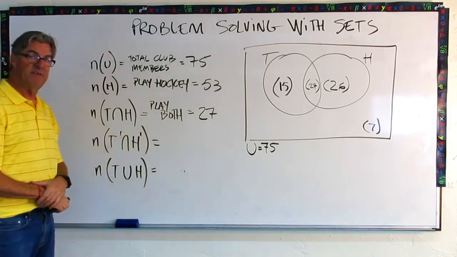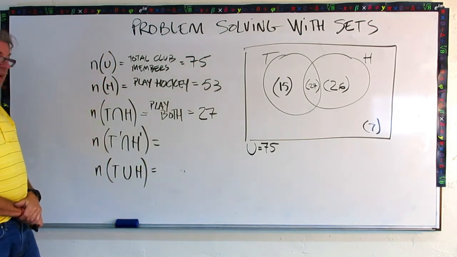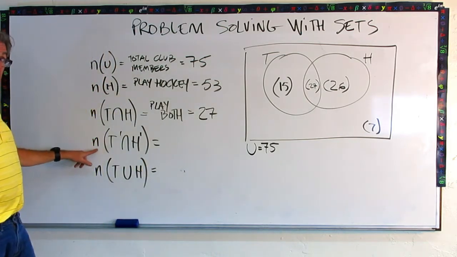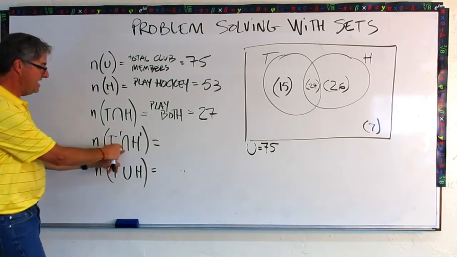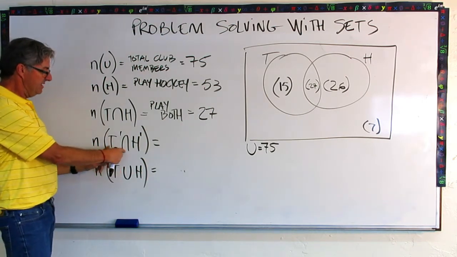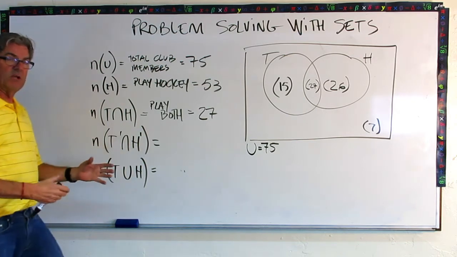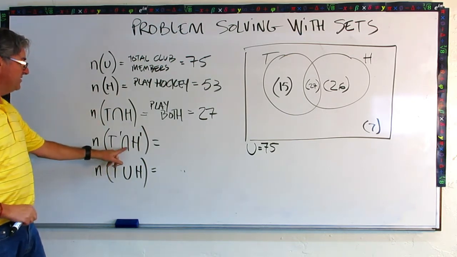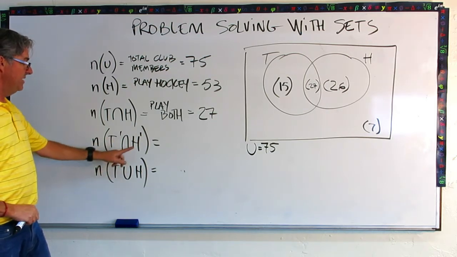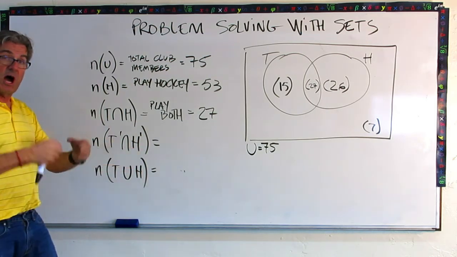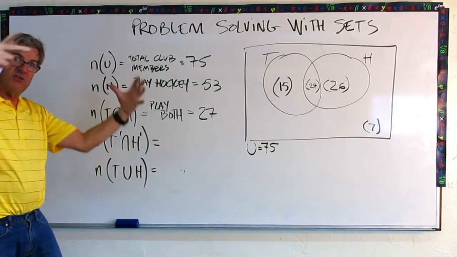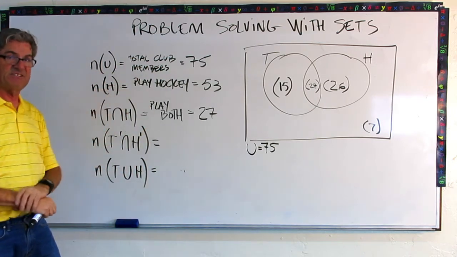So we have that. Now these last two get a little bit more complicated. This is the number of elements in the intersection between the people that don't play tennis and don't play hockey. Or to be even more abstract, this is the intersection of the complement of T and the complement of H. Remember, complements of sets are everything in the universal set that's not in that set.